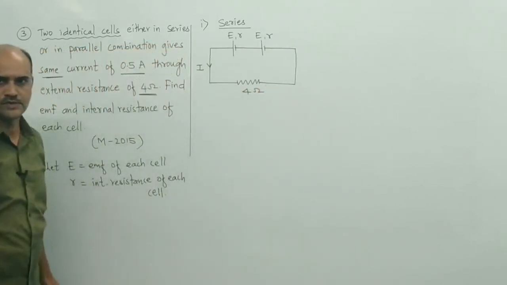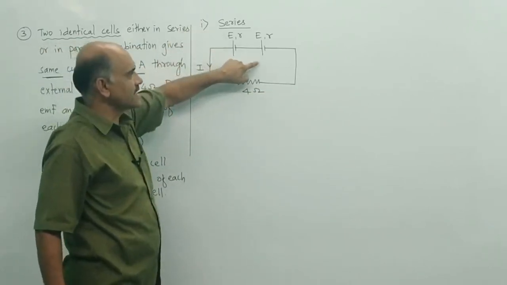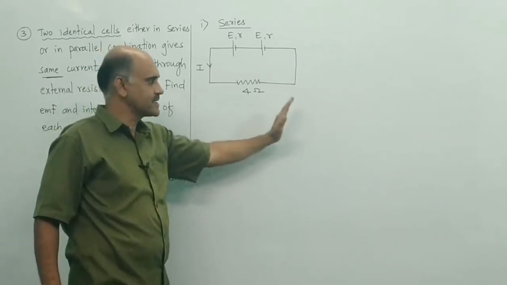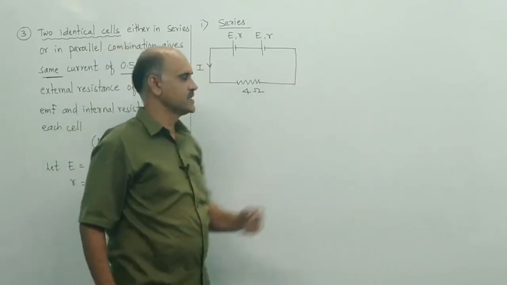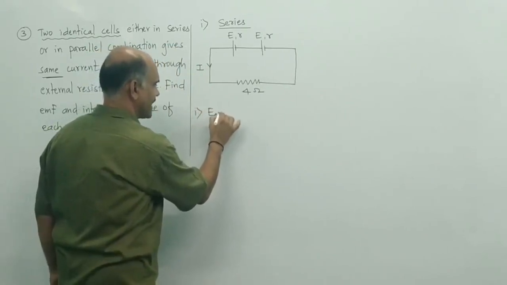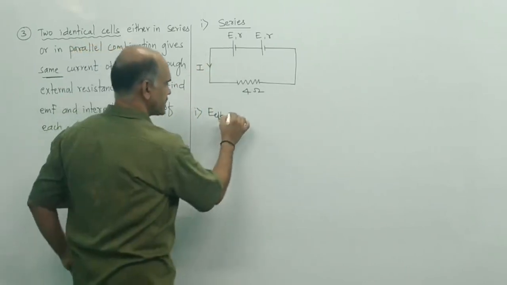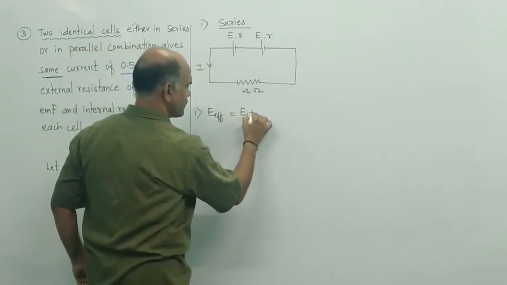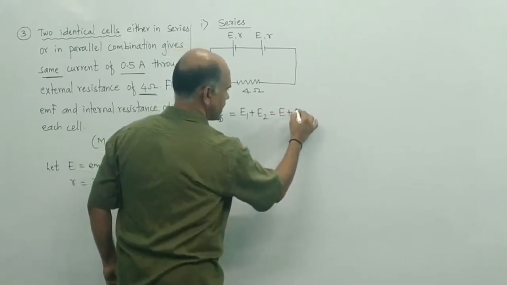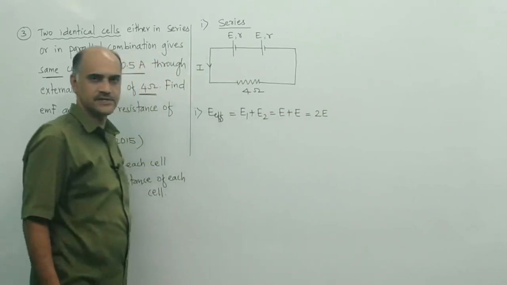If cells are connected in series, then the effective EMF will be E1 plus E2 plus E3, and so on. So the effective EMF, E effective, is equal to E1 plus E2. Both are equal, E plus E, therefore the effective EMF is 2E. Clear, students?